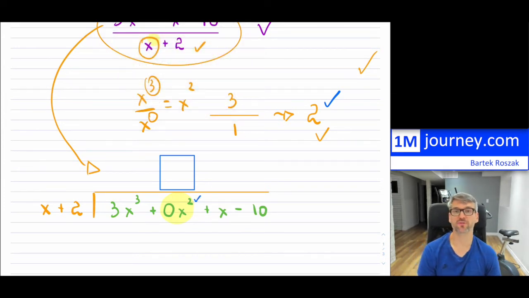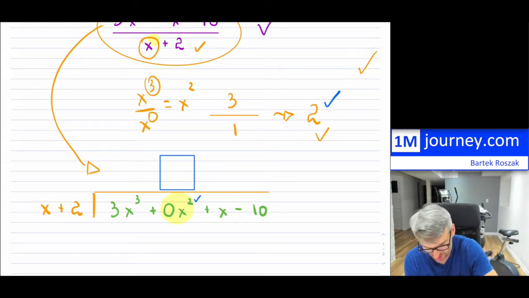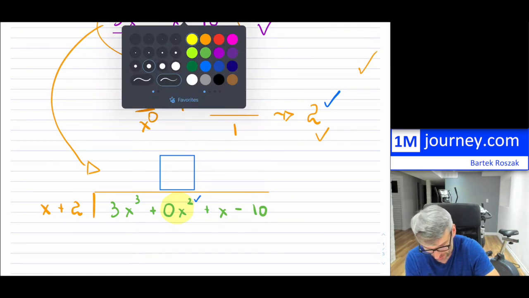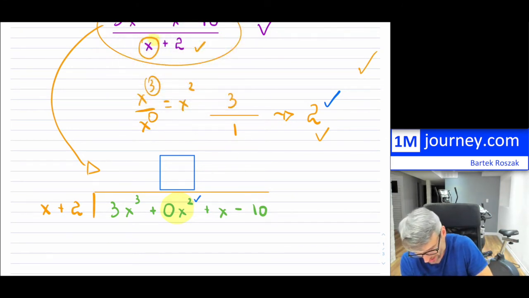So now I'm going to fill that blue box just as I did with the regular long division. In the regular long division, I just filled it in with a number because I just wanted to see how many times it goes into it. So how do I decide what this is? Well, it turns out that it's actually not that terrible to think about this. What you look at is you want to get rid of this particular term entirely.